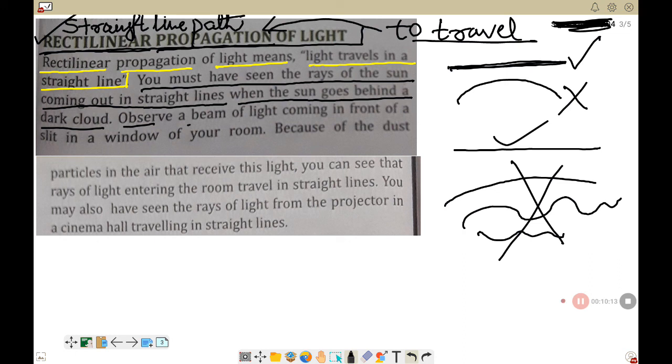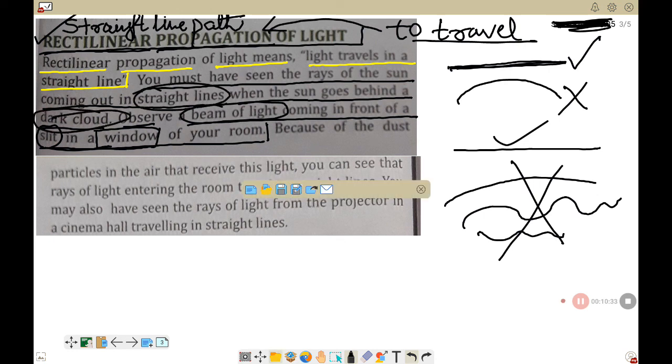Observe a beam of light coming through a slit in a window of your room. Slit means a small opening. All of this light, from the small opening in the window or from behind the dark cloud, is in a straight line.